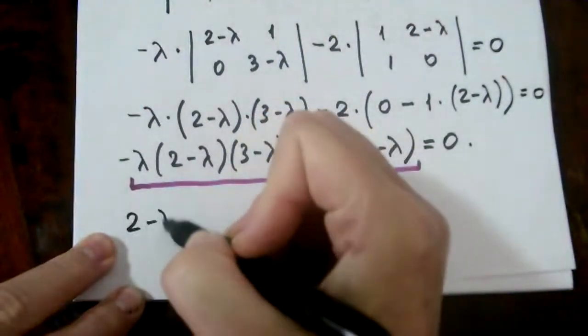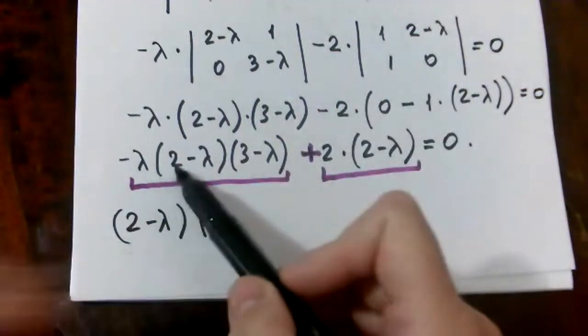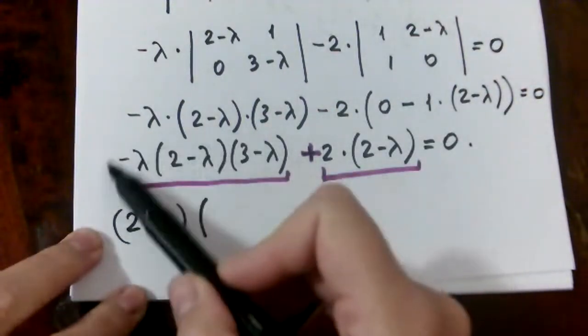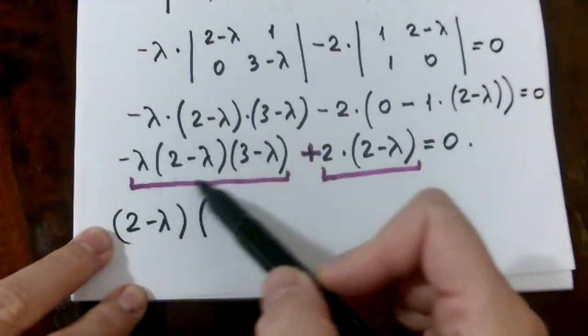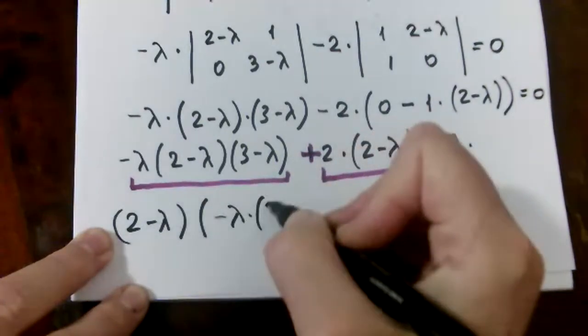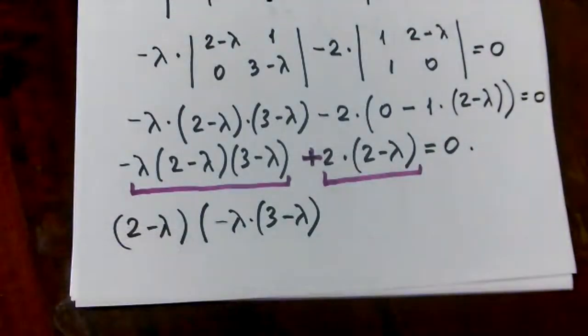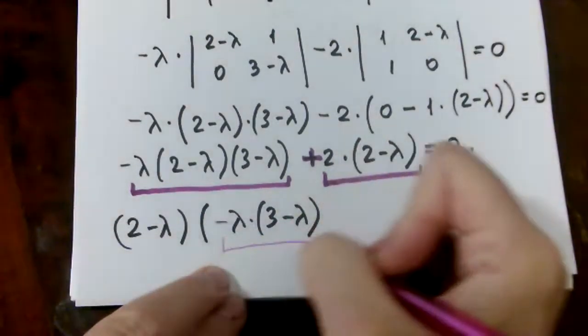So we can pull out this common factor and write a new parenthesis here. Now what is left from the first term? We took away this guy, so we are left with minus lambda times 3 minus lambda. This is what used to be the first term.